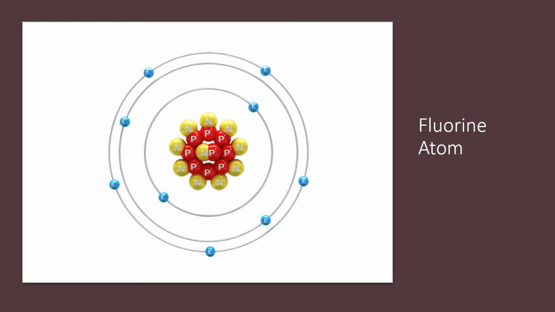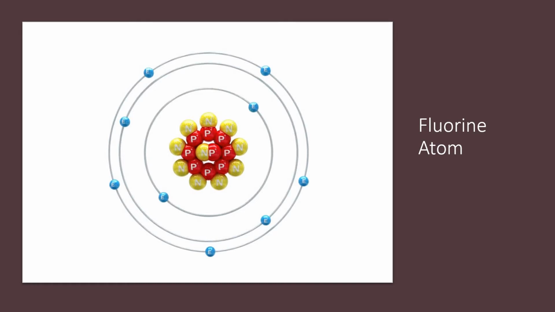A fluorine atom is one atom. You can see how we have a center that consists of protons and neutrons, and on the outside are electrons orbiting it. If we were to count the number of protons and electrons, what do you get? You get 9 protons and 9 electrons.